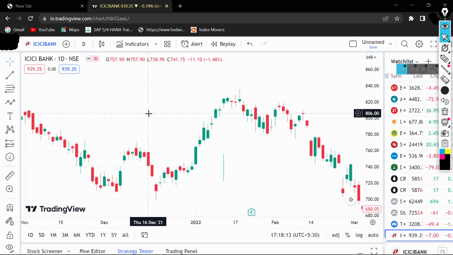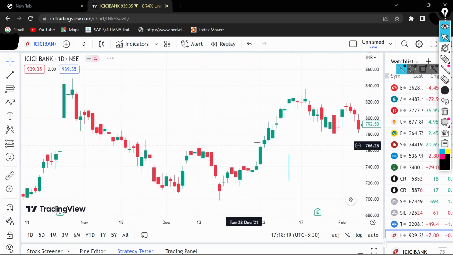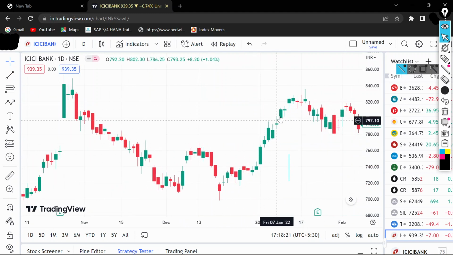Next we are going to learn about these types of candles. Even though all these are green candles, do they look alike? No, right? This is different, this is different, this one is different.